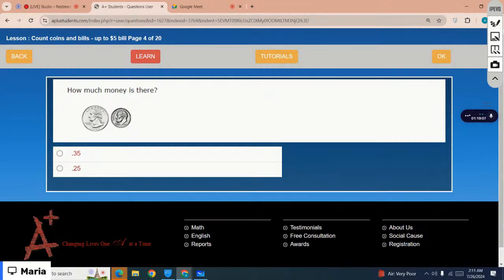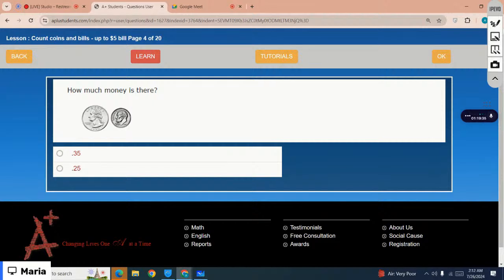How much money is there? Which is the correct option? That is 0.35.